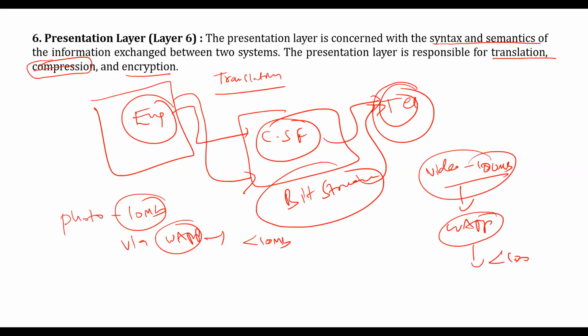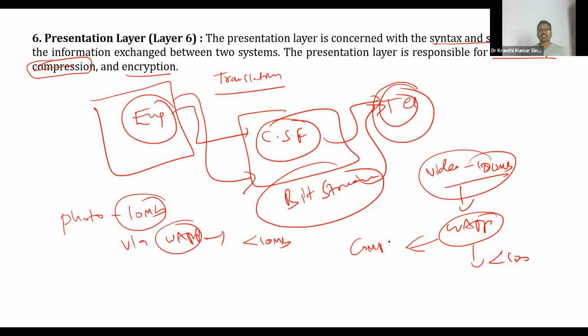Why? Because it takes time to transmit the entire video, so it tries to compress it. By default, WhatsApp applies some compression techniques, because it is not possible for WhatsApp to maintain that much bandwidth. That's why it converts this 100 MB by compressing it and sends it to the receiver without losing much quality.